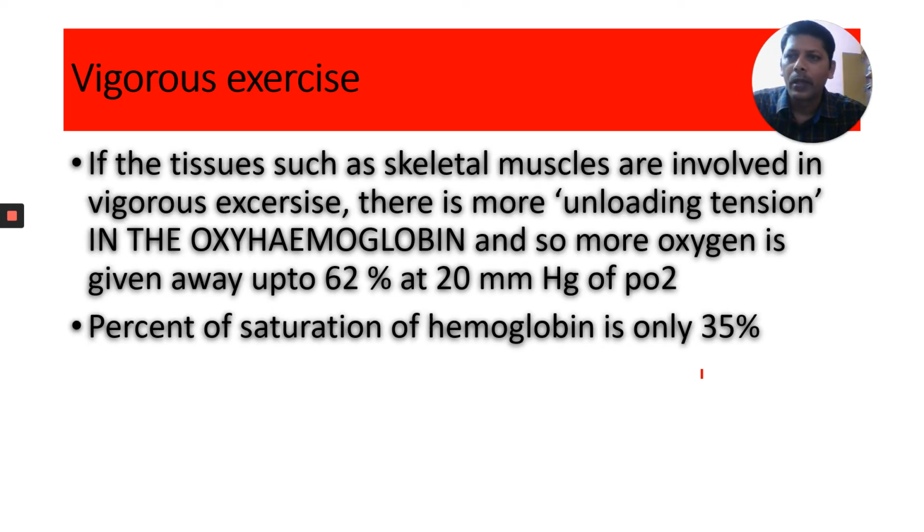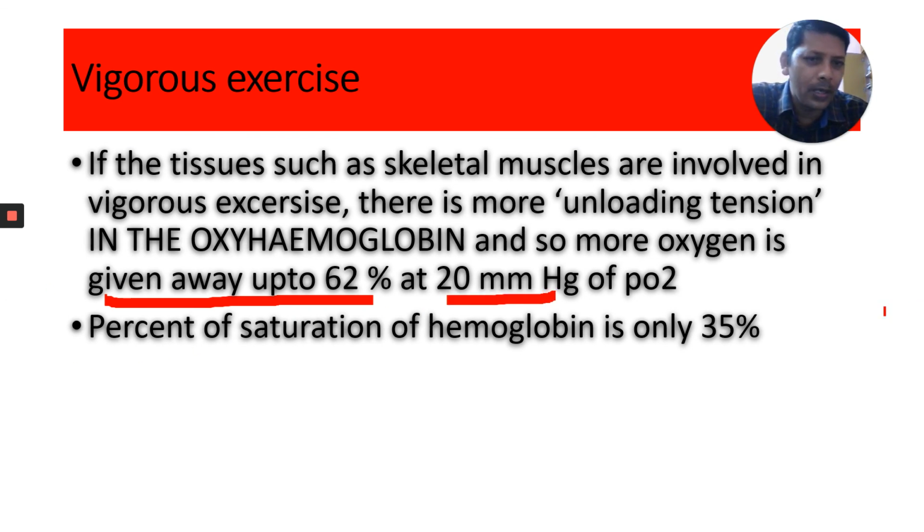When tissues such as skeletal muscles are involved in vigorous exercise, there is more unloading tension in the oxyhemoglobin, and so more oxygen is given away. When you do rigorous exercise, your tissues receive more. Oxyhemoglobin gives 62% at 20 mmHg of PCO2.